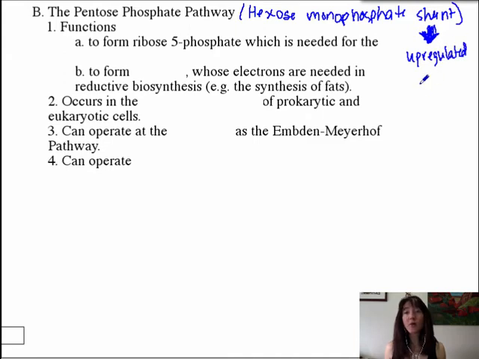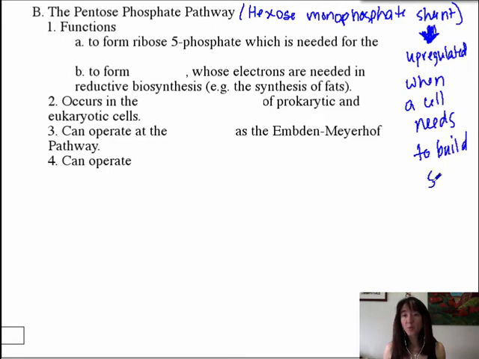Or said in a more sexy vernacular, we could say upregulated when a cell needs to build stuff, or AKA when a cell is focused on anabolism.